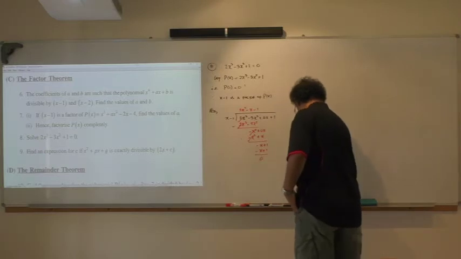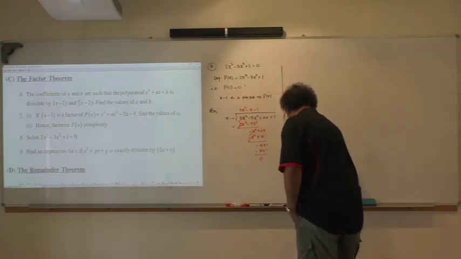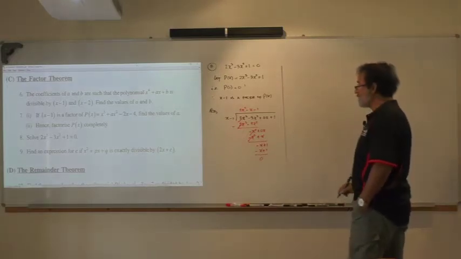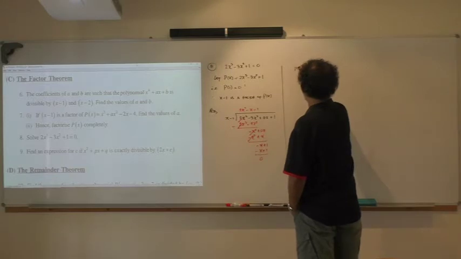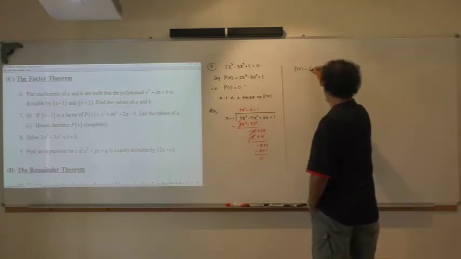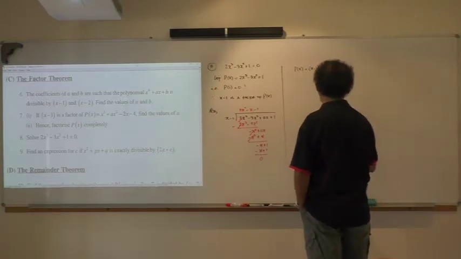All right. Okay, so therefore our polynomial now can be written as x minus 1 and then 2x squared minus x minus 1.